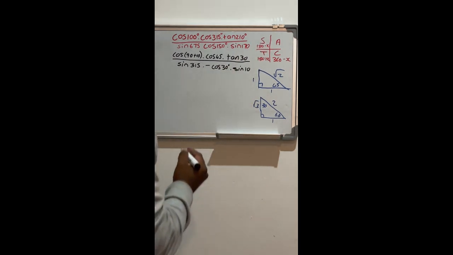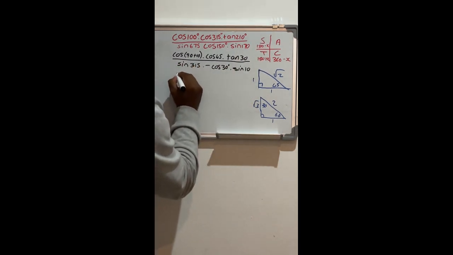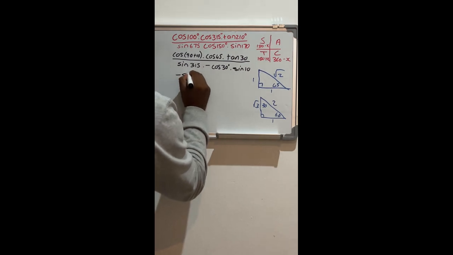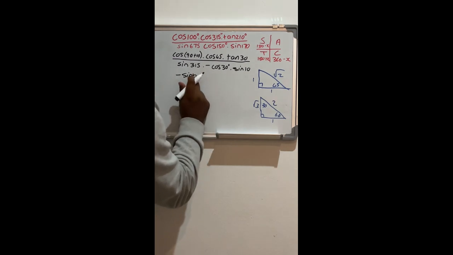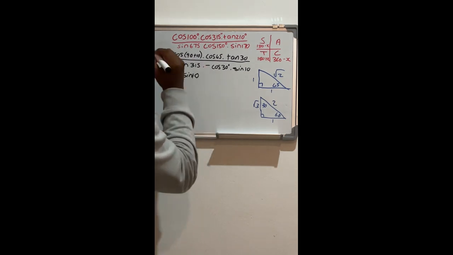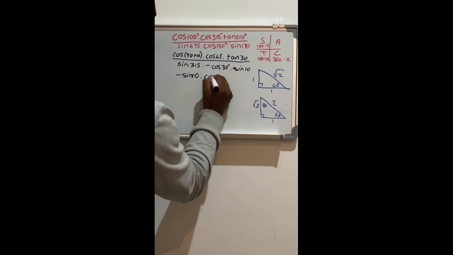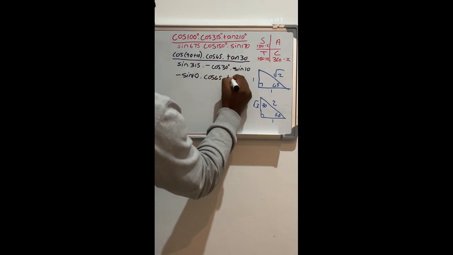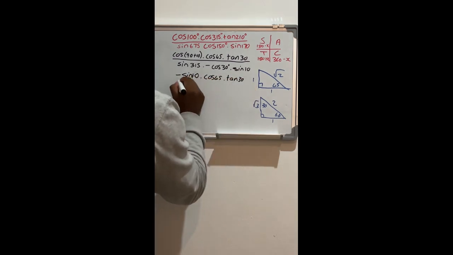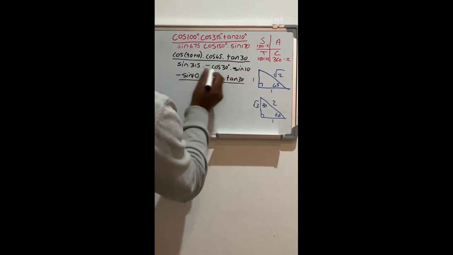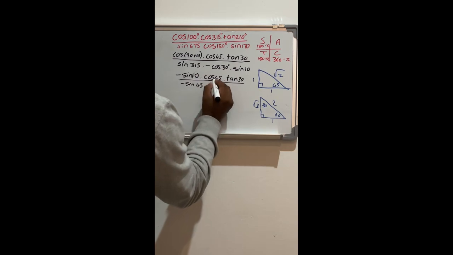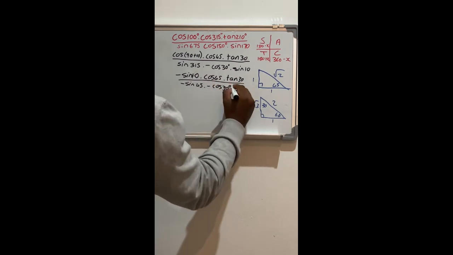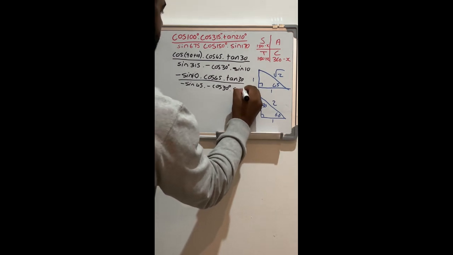Okay, so then this is a co-function that will just become minus sin 10. This then stays as cos 45, tan 30, and this then becomes, because sin is negative in that quadrant, minus sin 45. Then this becomes minus cos 30, and then we have sin 10 here.